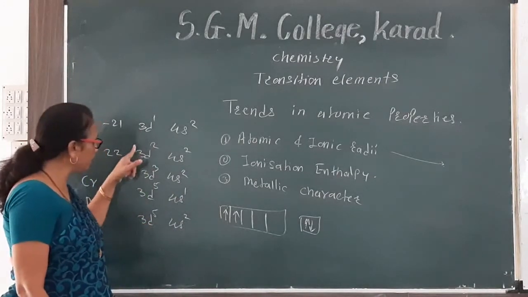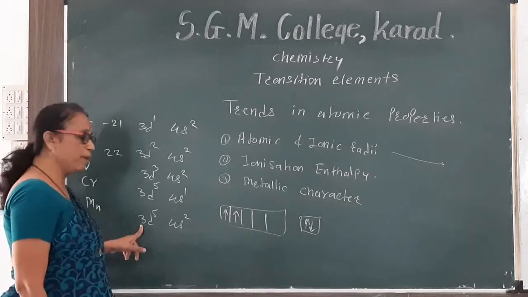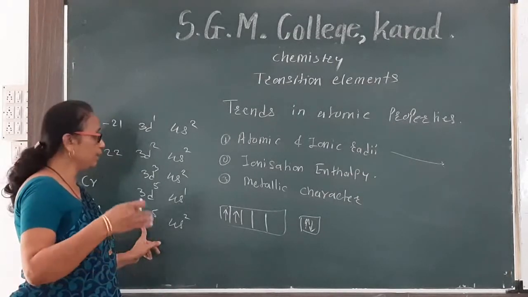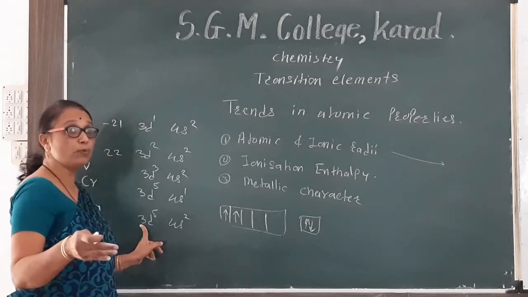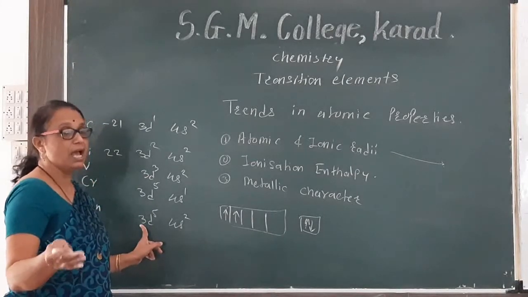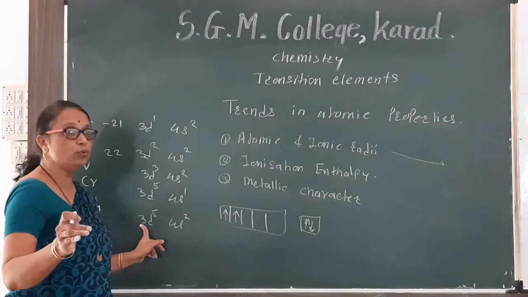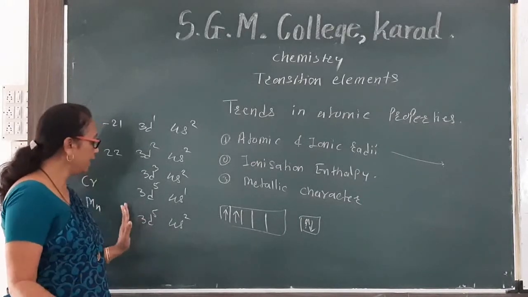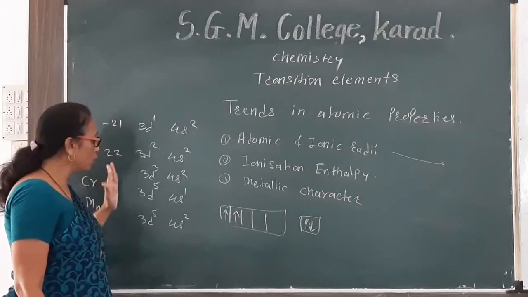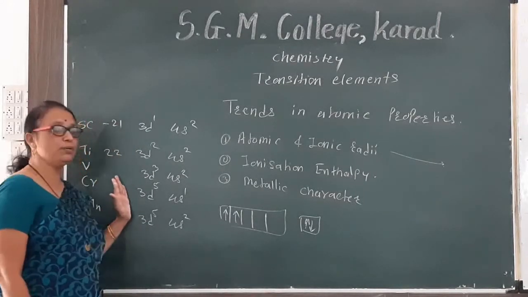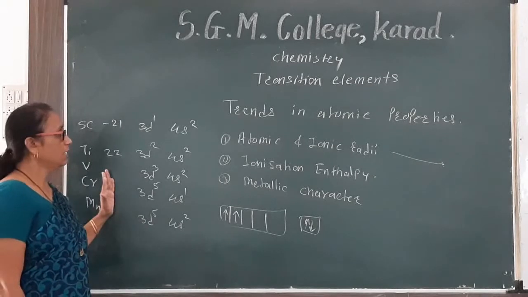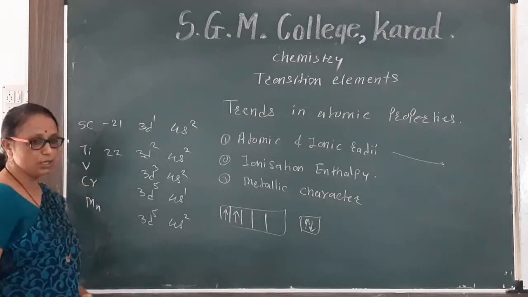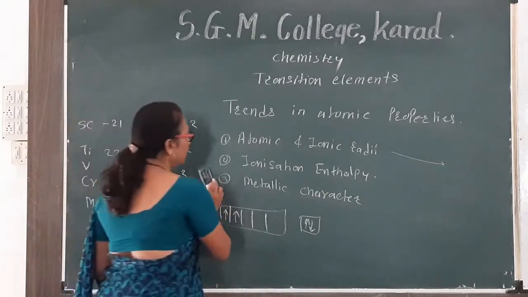Thus, the number of unpaired electrons increases up to manganese, and as the number of unpaired electrons increases, the number of covalent bonds increases, and the metallic bond also becomes stronger, with more strength, and hence it becomes harder, and the melting point of such transition elements also increases as the number of unpaired electrons increases.